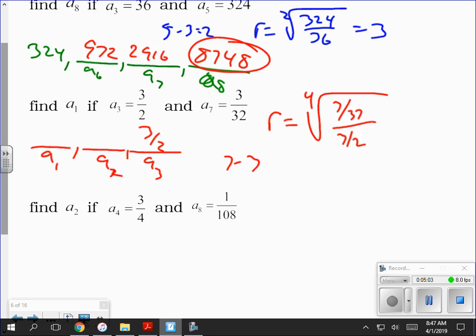I am going to take the fourth root on this one. Use the fraction key on this one. And in this case, r equals 1/2.